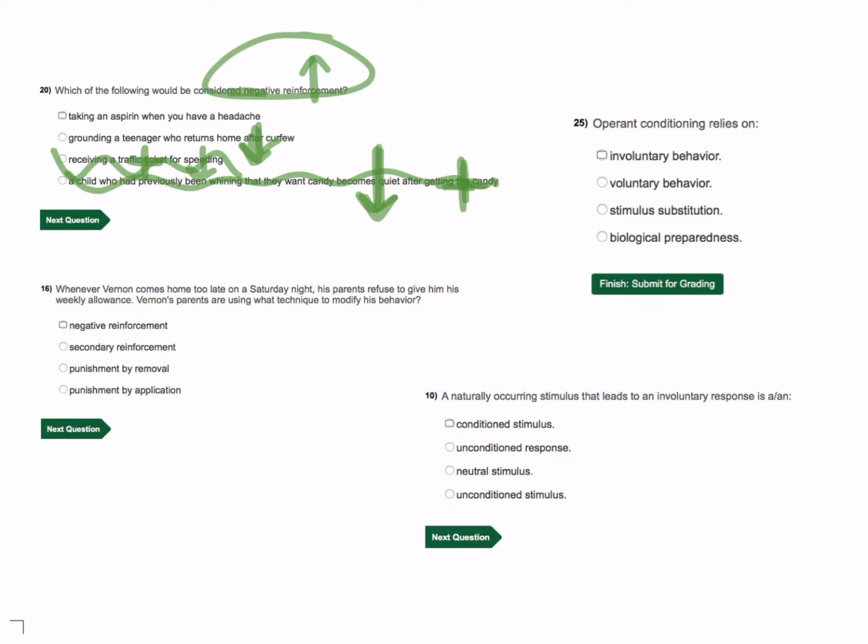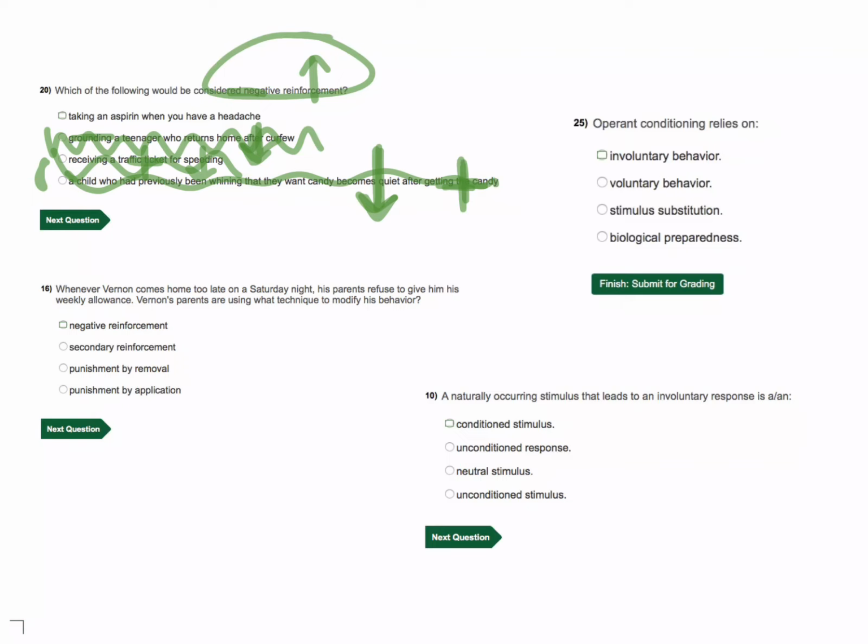So you're grounding them from the TV, you're grounding them from their cell phone. So you could also argue you're removing. You could also say you're removing something to decrease that behavior, meaning this could also be seen as negative punishment or punishment by removal. These two down here on the bottom, these are punishment by application because you're adding. So this one, we also know is not it because it doesn't match.